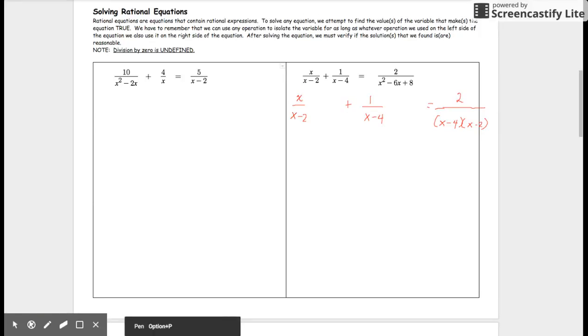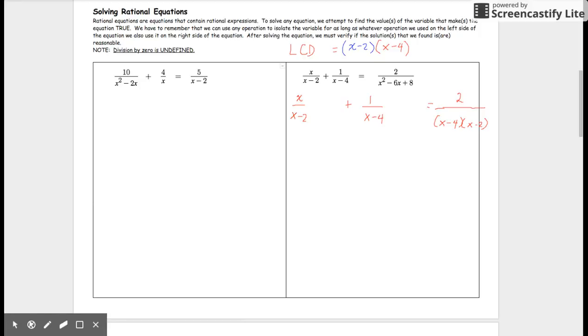Okay, the denominators are all different, but we see only two different factors. One of the factors is x minus 2, and the other factor is x minus 4. If we put the two together, we call this the LCD. Now, what we want to happen is for the denominators of all fractions in the equation to be the same as the LCD.